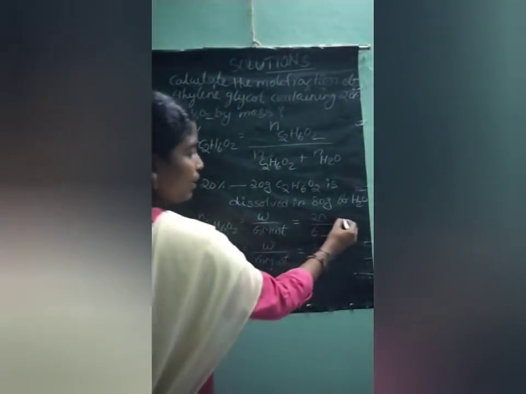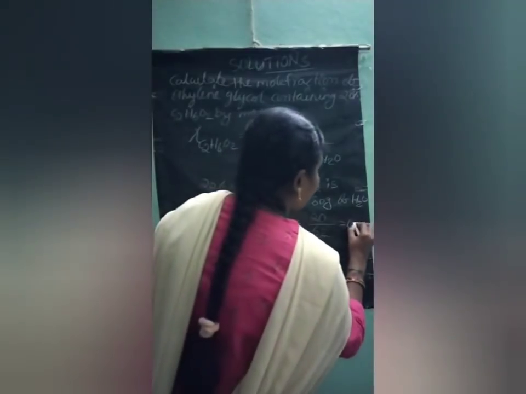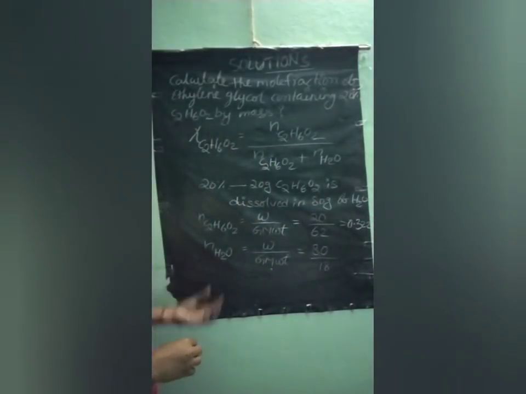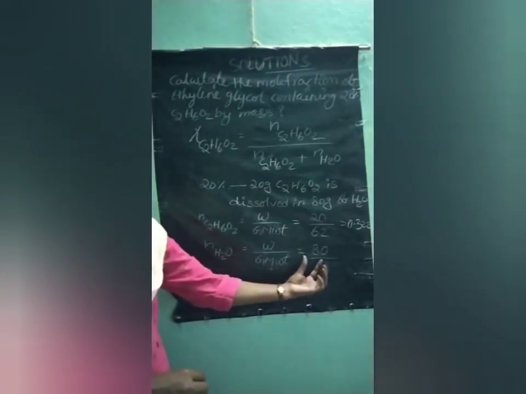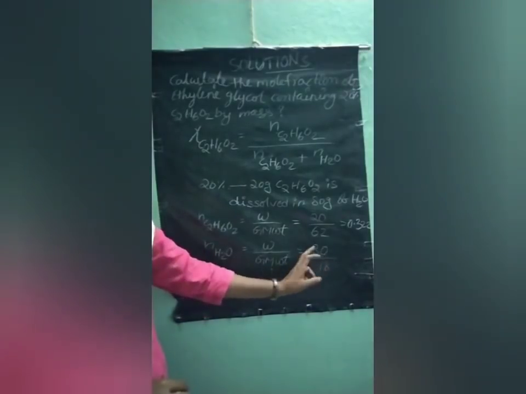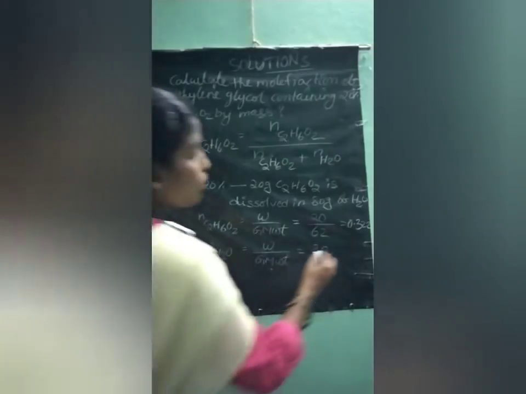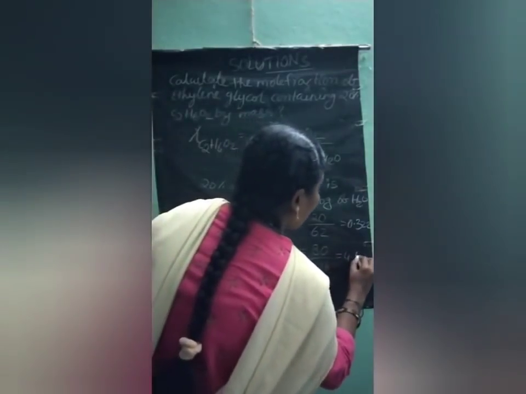By calculation, 20 by 62 is equal to 0.322, and number of moles of the water, 80 by 18, is equal to 4.44.